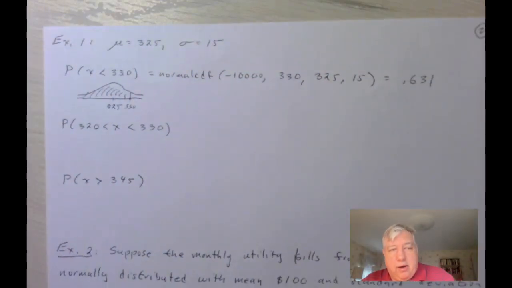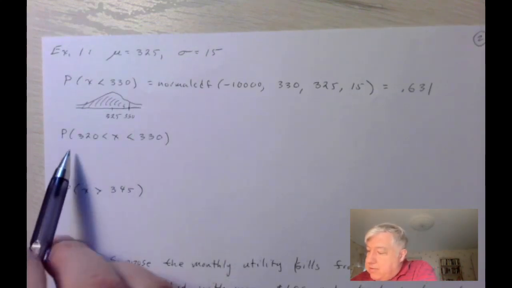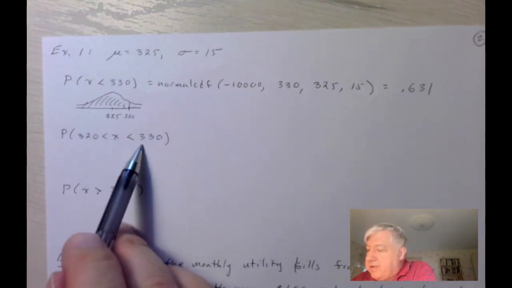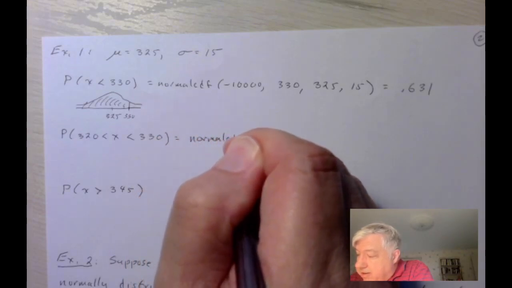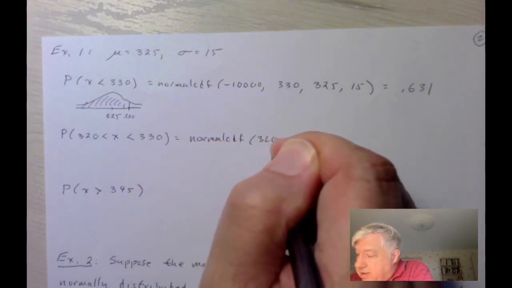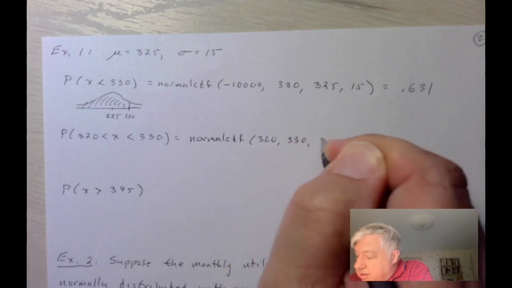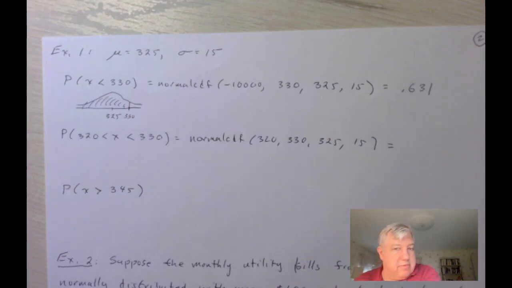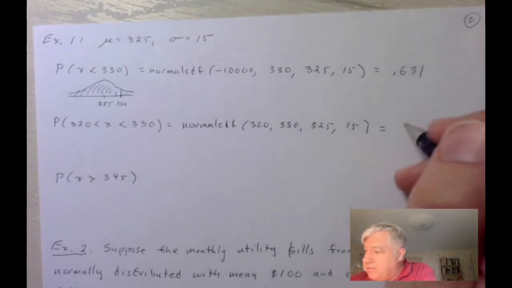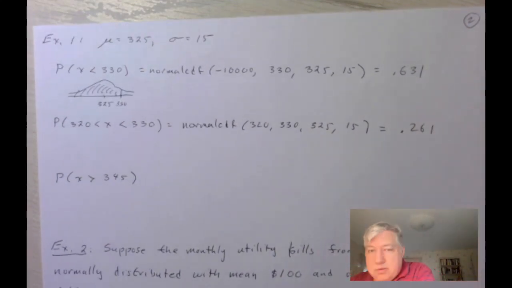All right, this would be the probability that x is between 320 and 330. That would be normal CDF of 320, 330, 325, and 15. And if you plug that into your calculator, that turns out to be 0.261.